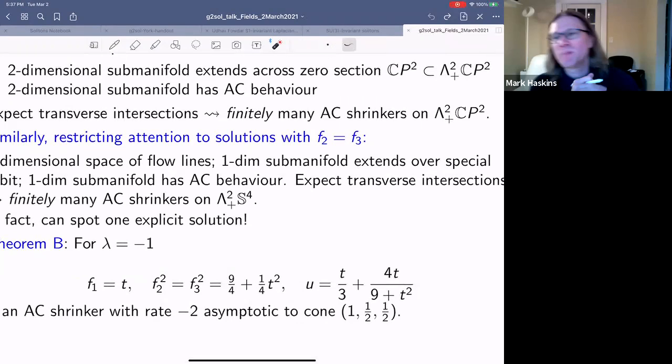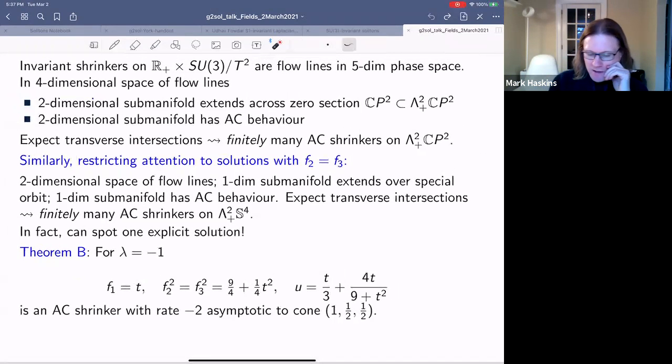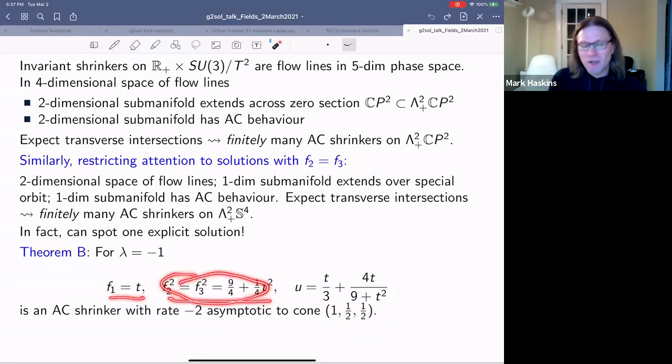So it's actually simpler than the Bryant-Salamon. And you can see that the Bryant-Salamon cone would have all of these being a half. So this is definitely a closed but not torsion-free cone. The solution is this simple polynomial.